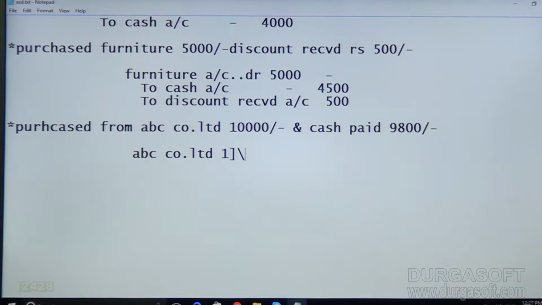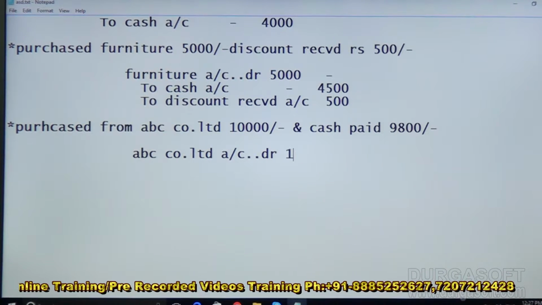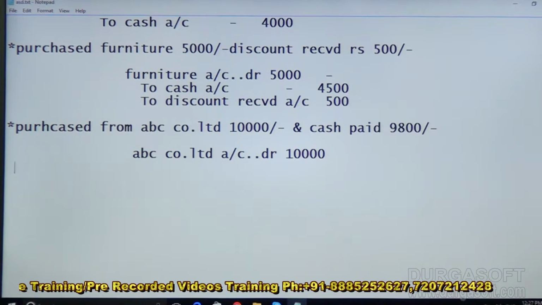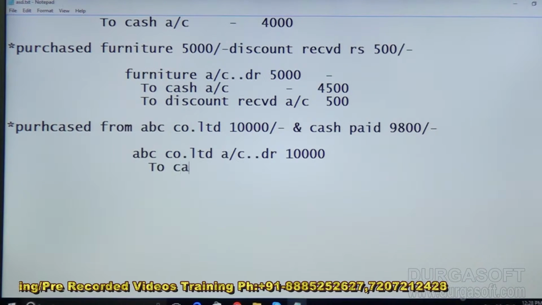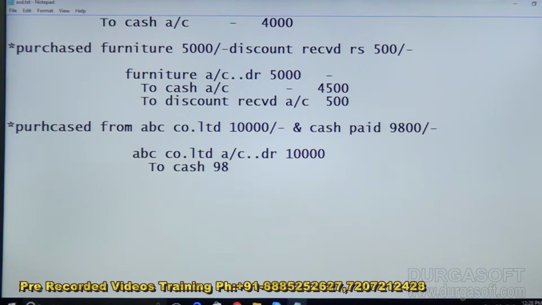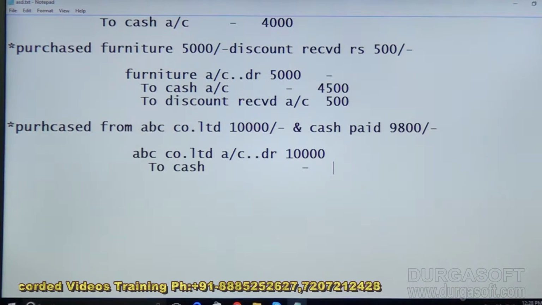ABC Company account debtor 10,000, to cash, how much have we paid in cash? 9,800. So we need to mention it at the credit side.